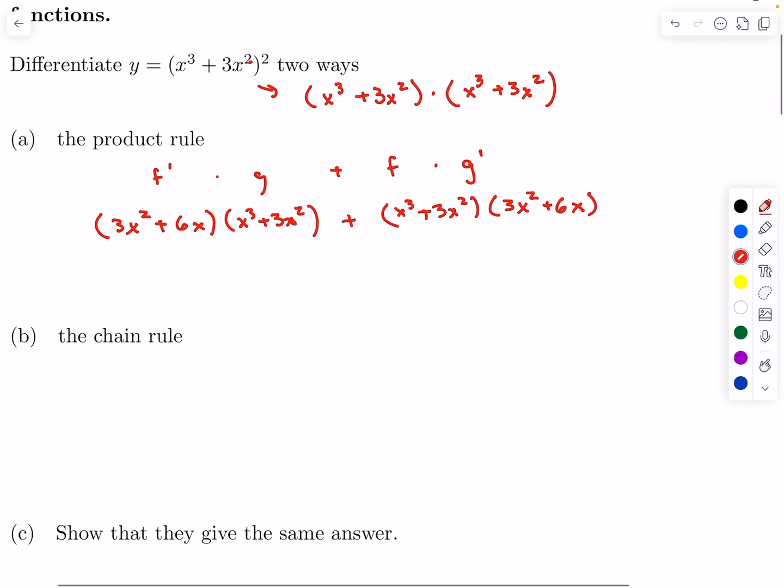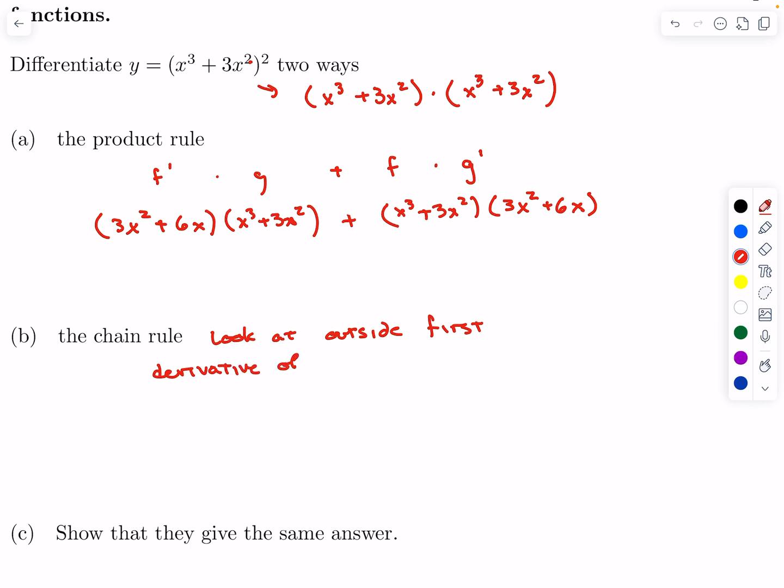Okay, and then the chain rule. The chain rule says you look at the outside first. So the derivative of thing squared is 2 thing to the 1, and then we deal with the derivative of the inside afterwards.